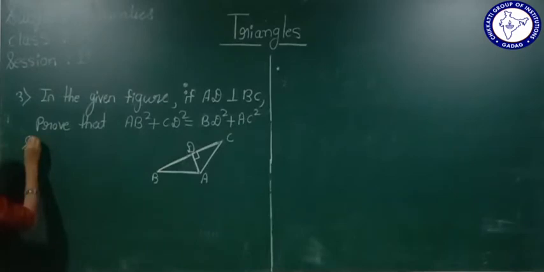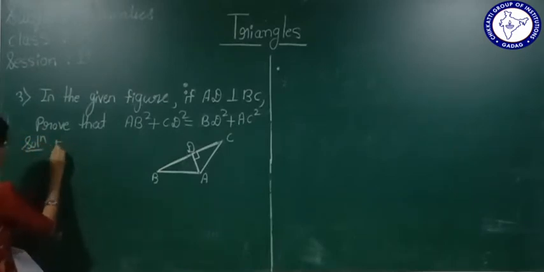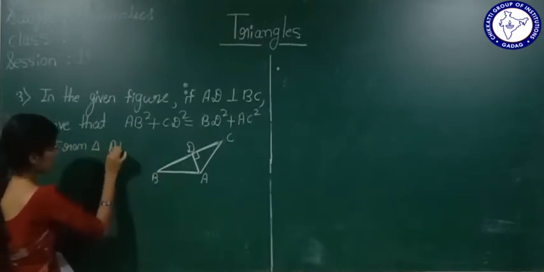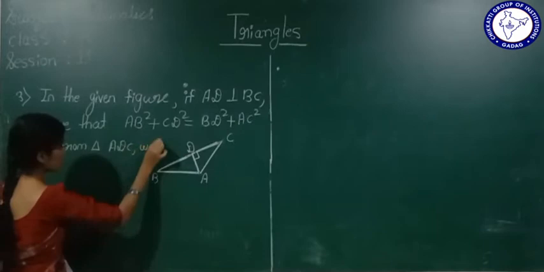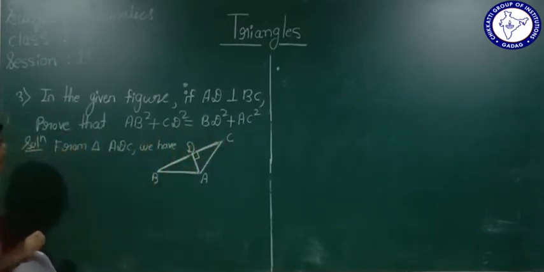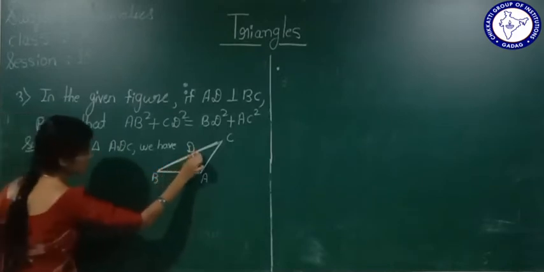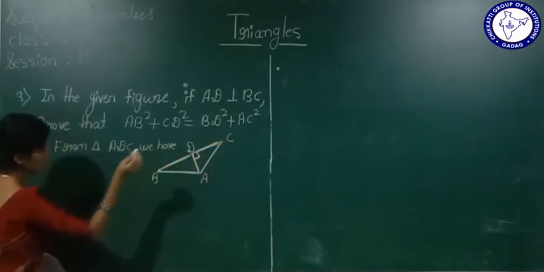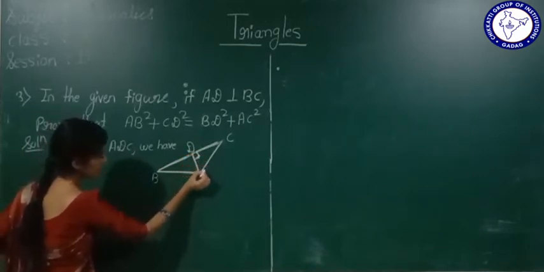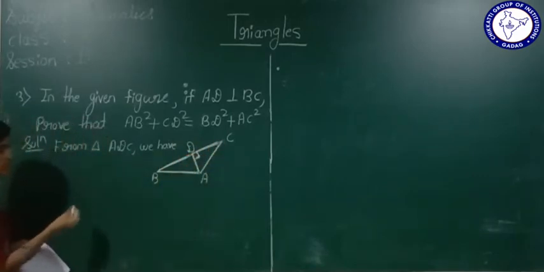Say a solution. From triangle ADC we have, say this is 90 degree, the opposite will be AC, sorry, here angle D is 90 degree, the opposite side is AC, that is nothing but hypotenuse.